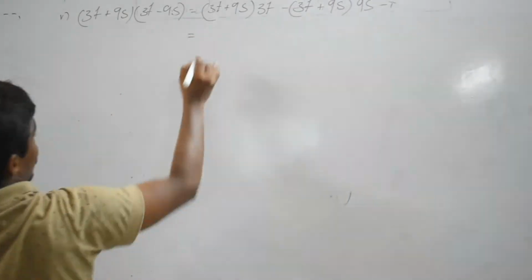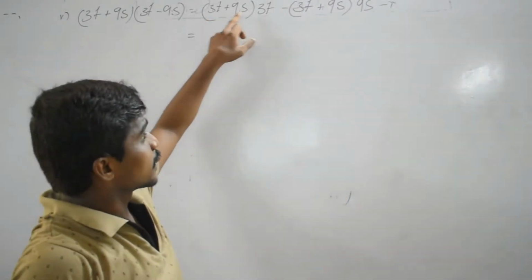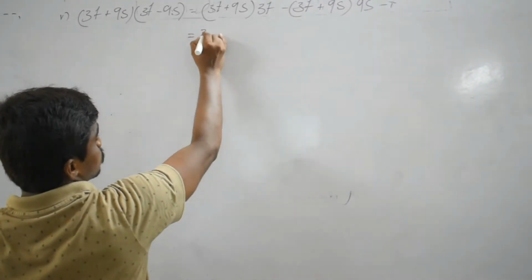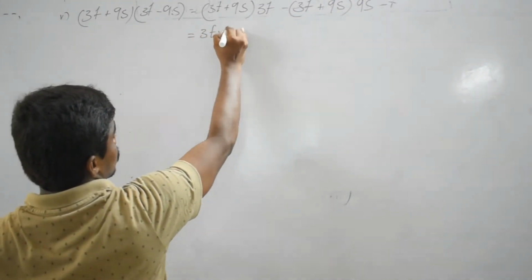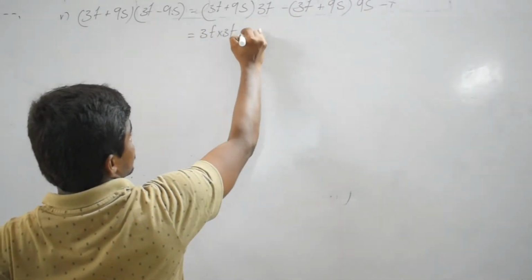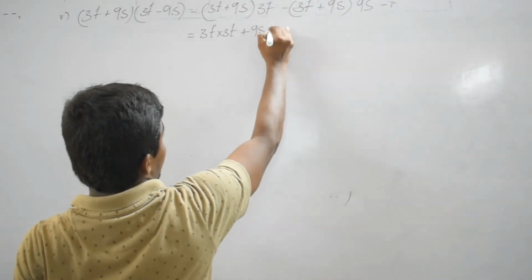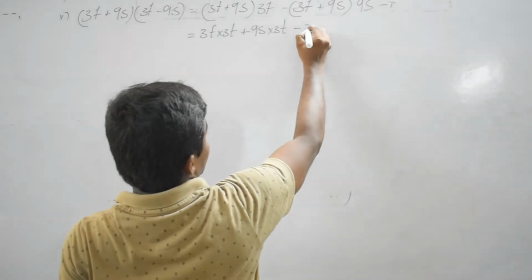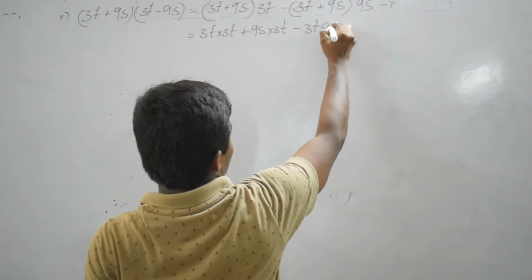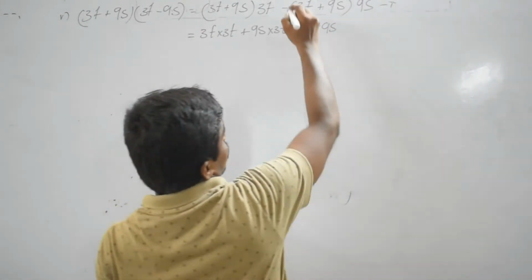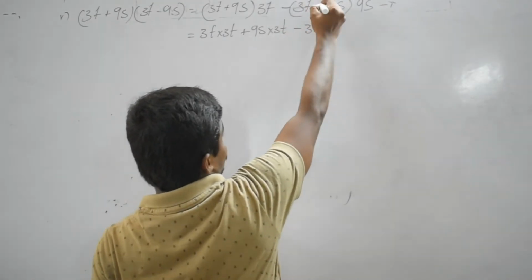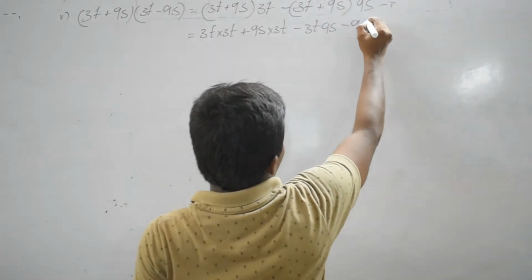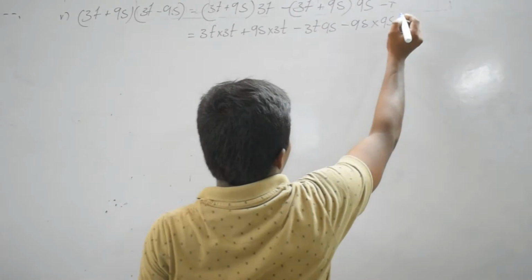Now you are multiplying: 3t cross 3t, plus 9s cross 3t, minus 3t cross 9s, minus into plus is minus, 9s cross 9s.